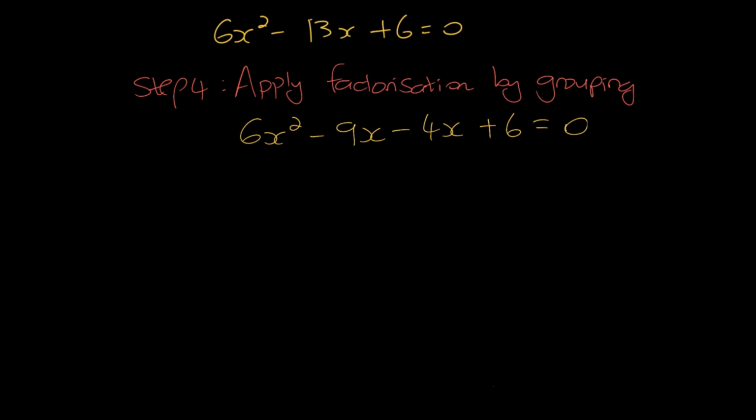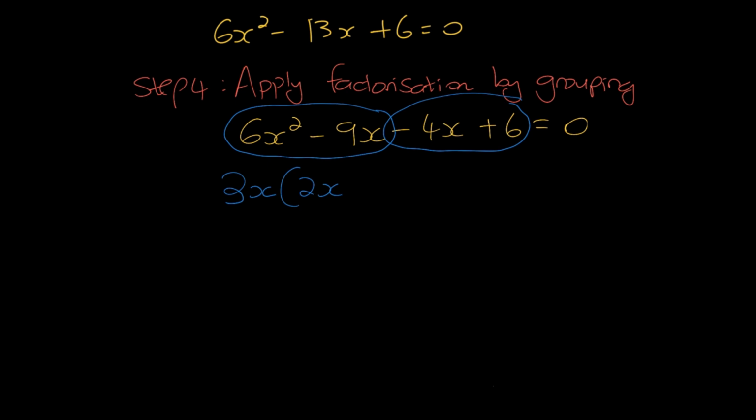In step 4, we apply the factorization by grouping. I've written down step 3 again, which was 6x squared minus 9x minus 4x plus 6. I'm going to group the first two terms and the last two terms. For the first two terms, we're going to find a common factor, and that is 3x.